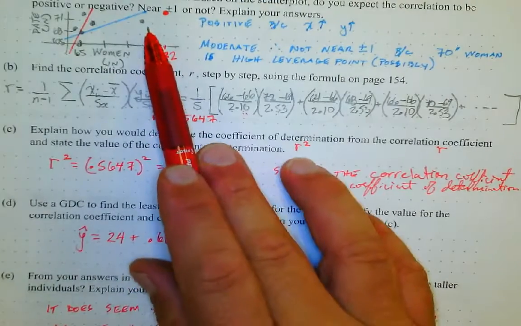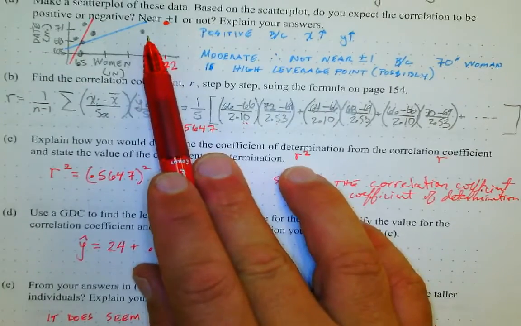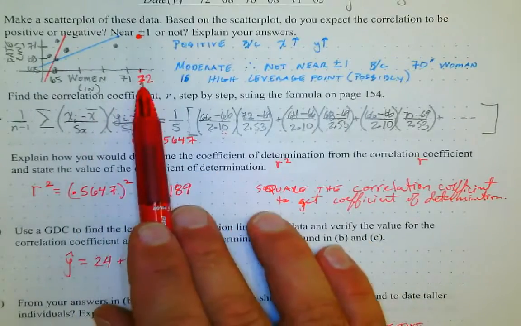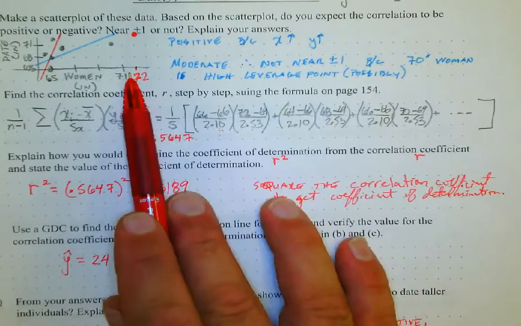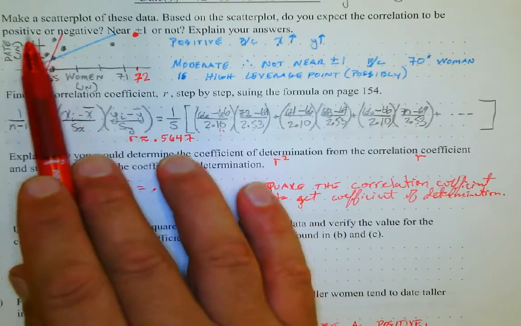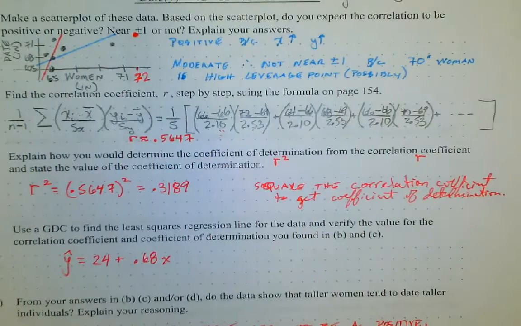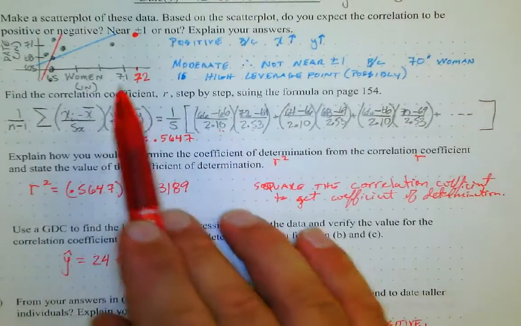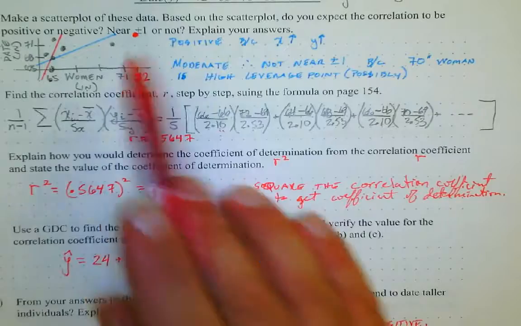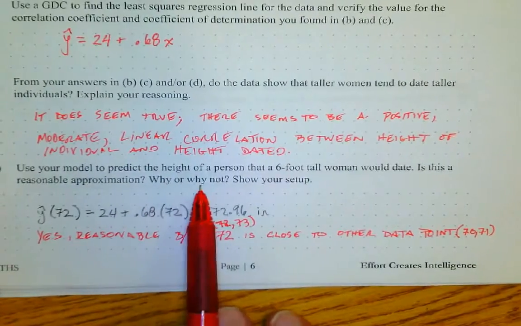Now, you might say, but this point seemed to have been a high leverage point. And while, yes, that's true, we also have to acknowledge that there are fewer tall people over here, and a lot fewer tall people over here as well. So we could get into the idea of regression to the mean in this case, but really this is talking about the why or the why not.